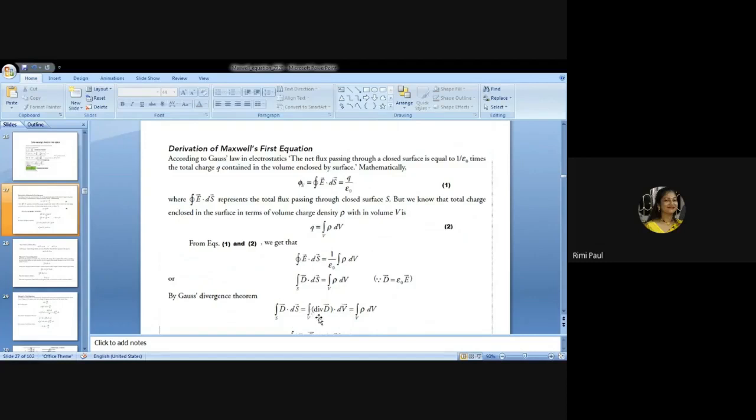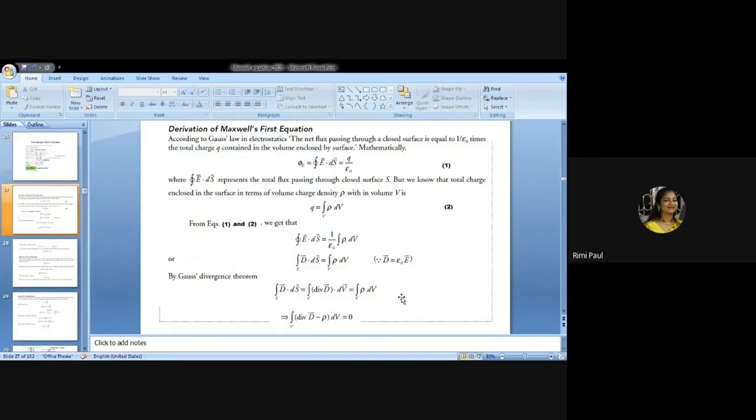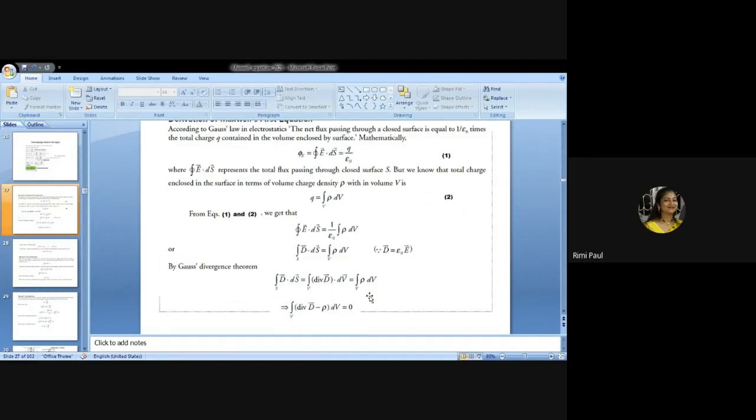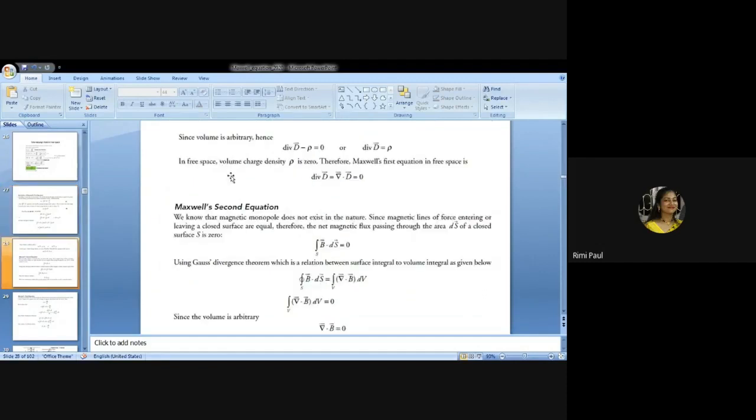So the volume integral of divergence D bar dV is equal to the volume integral rho dV. Now we can write divergence D is equal to rho.